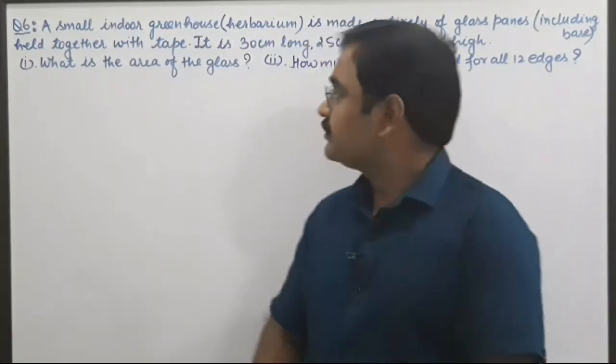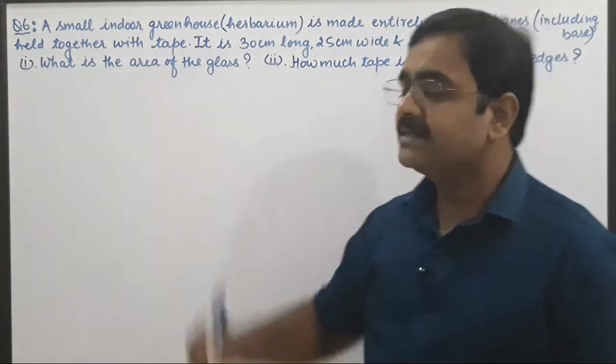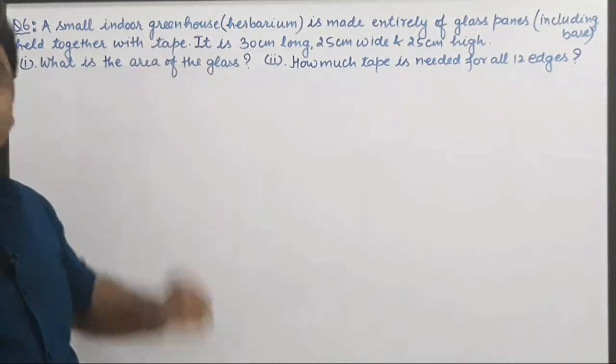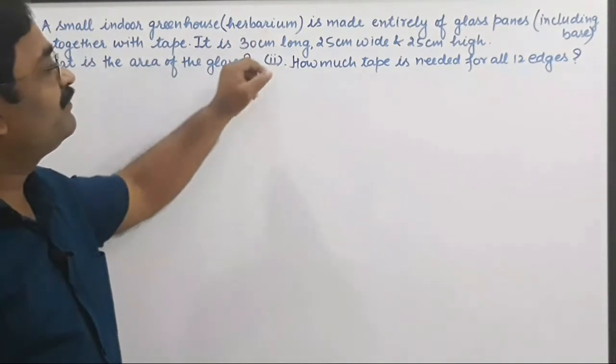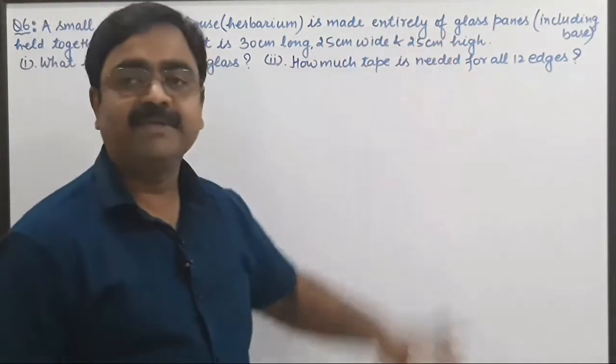Okay friends, so let's see question number 6. Here it is given a small indoor greenhouse. Small indoor greenhouse means it is a herbarium, made entirely of glass panes.